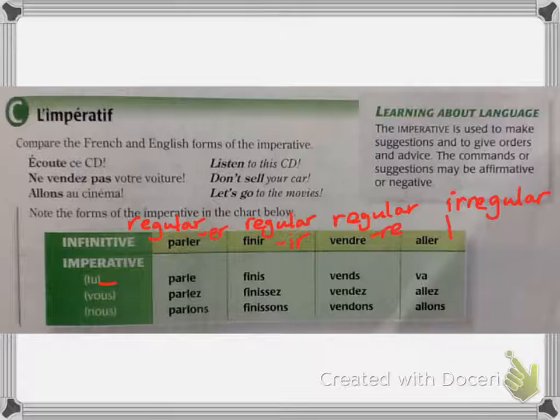So we have parle, parlons, finis, finissez, finissons, vends, vendez, vendons, va, allez, allons. And that same thing is true here with va. Typically, the tu form of va would end in an S as well, and it is dropped in the imperative forms.